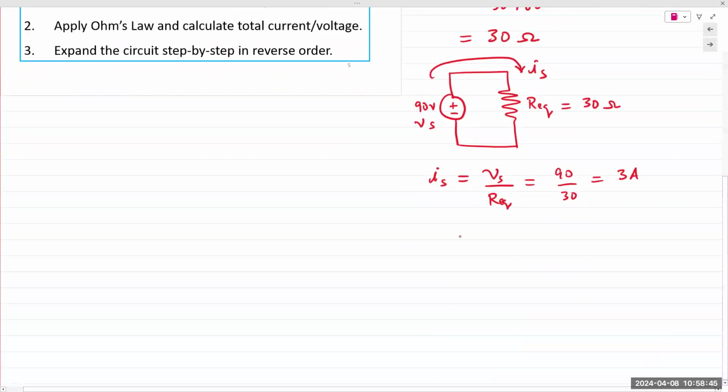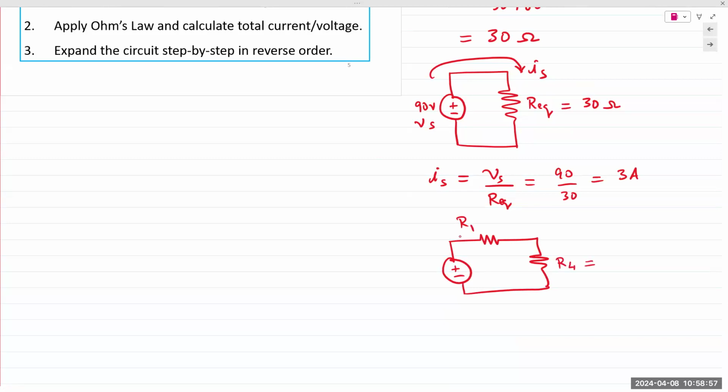And so when I expand it up again, I would have a voltage source and I would have R1, and let's call this R4. R4 is the parallel combination of R2 and R3, which was 20 ohms. All three of them are in series, so the same current IS flows through all components.